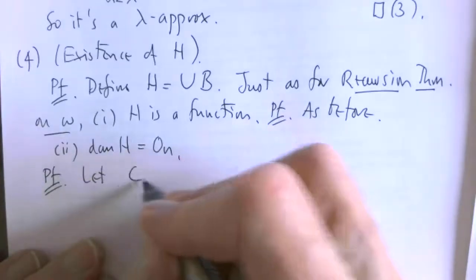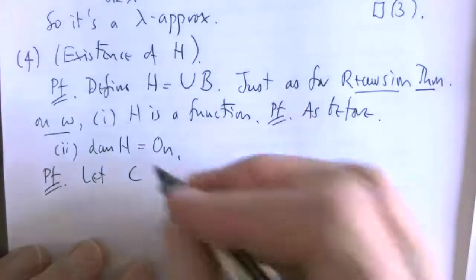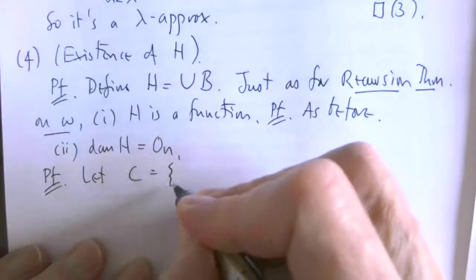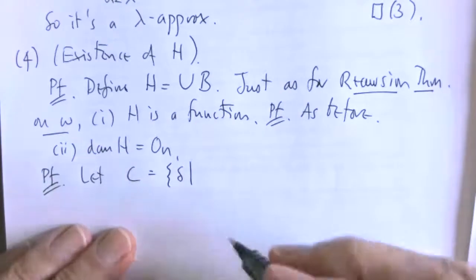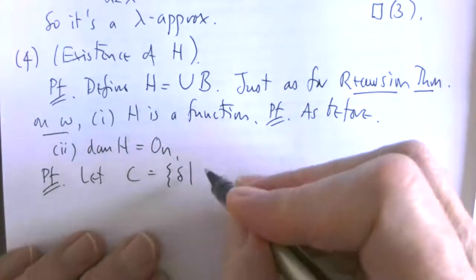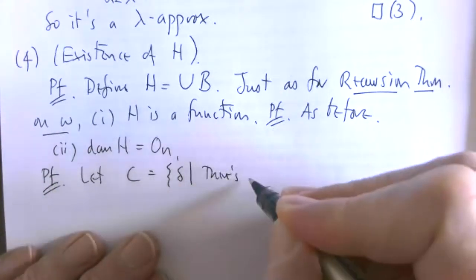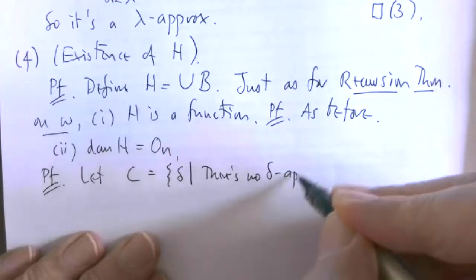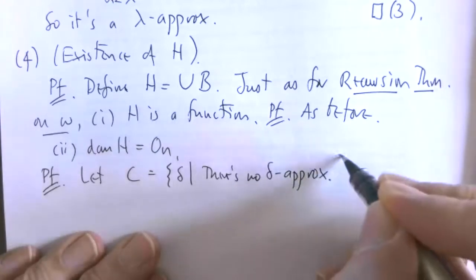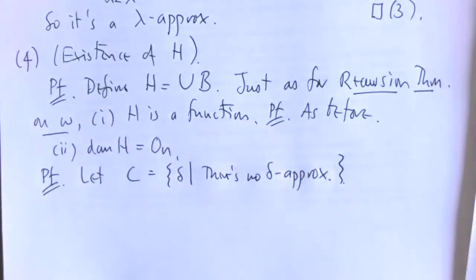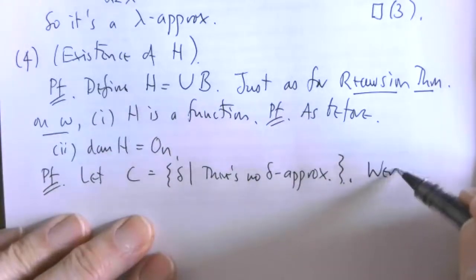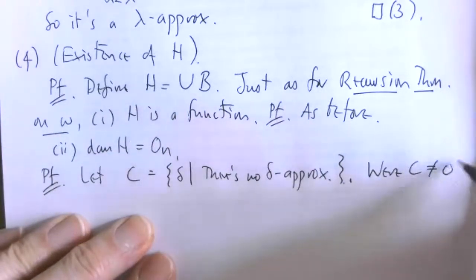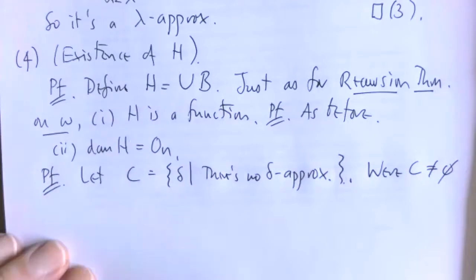Okay, so let's suppose C is the class of ordinals delta such that there's no delta approximation. And hopefully C is empty. Suppose C was a non-empty class.